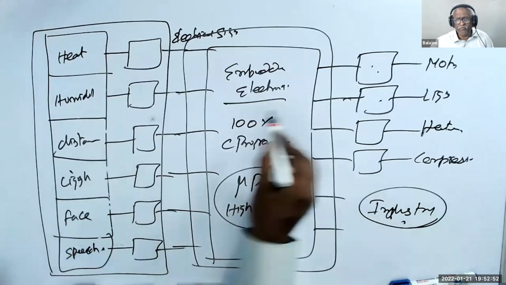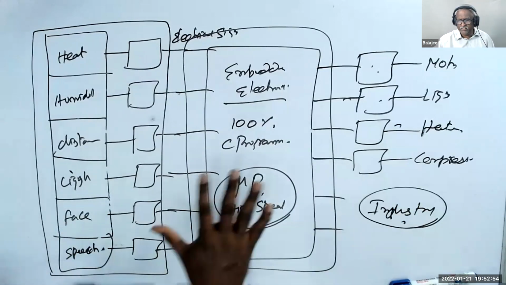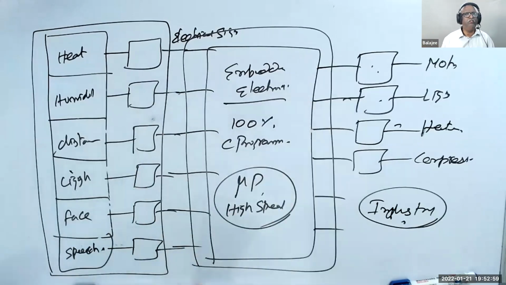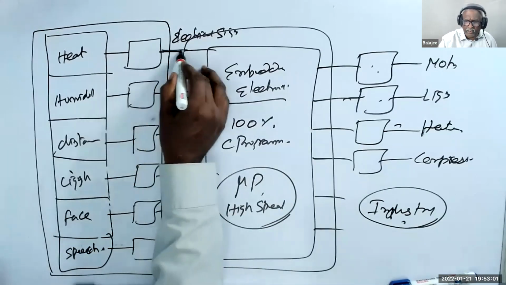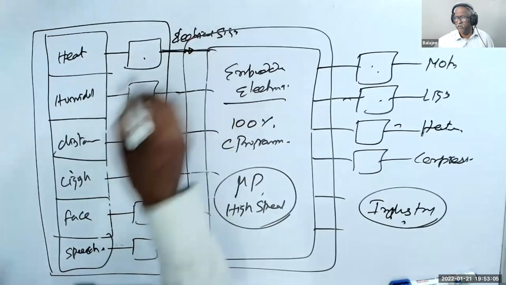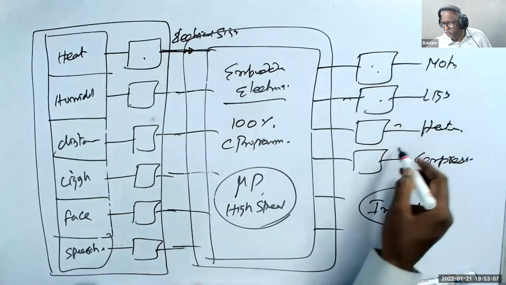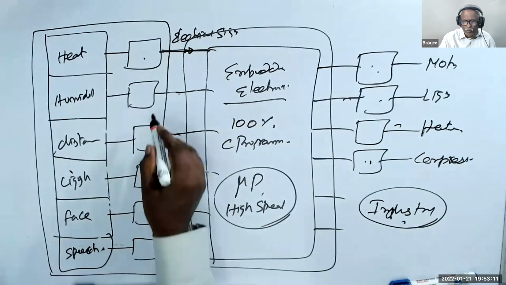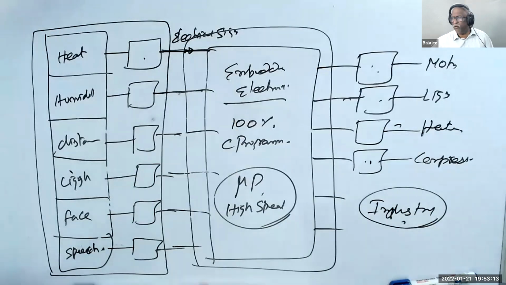These are all secondary. The first priority is, I give you input, I want this output. Are you ready? For example, if the heat is increased beyond the temperature, I want to turn on the AC. Same way, if the humidity is less, then I have to turn on the heater.